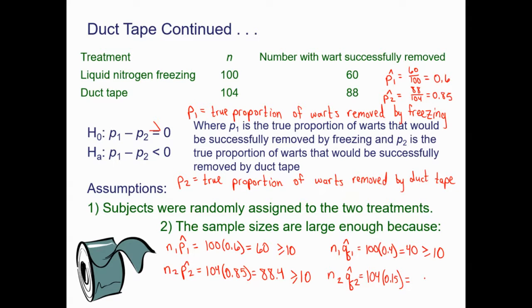Should be 15.6. Is that bigger than or greater than or equal to 10? Yes. So are our samples large enough? Yes, they are. So from here, we can actually proceed with our test statistic.